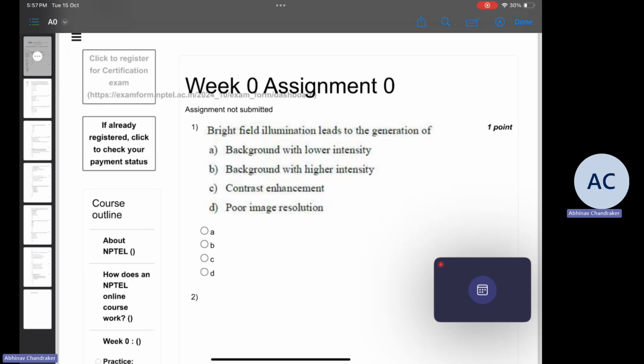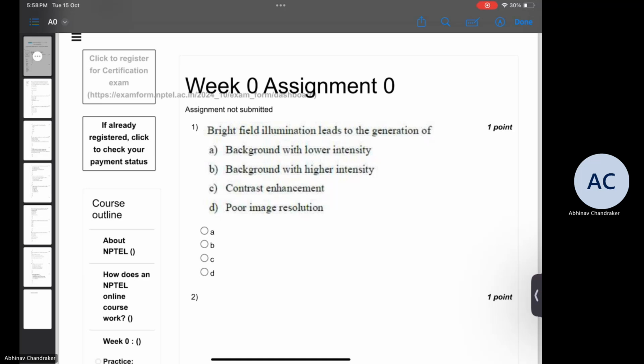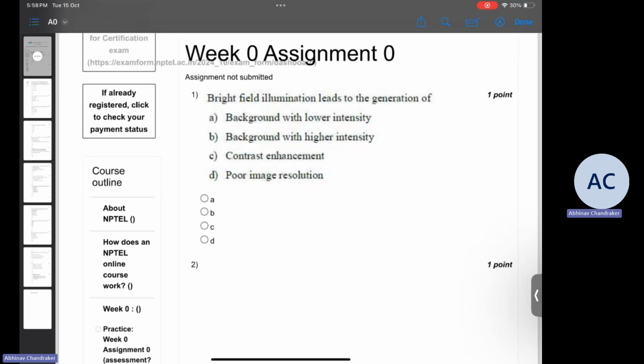And we have seen that in bright field, we have a source of light which is falling on a specimen. In TEM, it gets transmitted, while in optical, it gets reflected in case of a reflection type optical microscope. As a result, all the features present in your specimen will usually appear darker, either because they are not reflecting in case of optical microscopy, or they are diffracting your electron beam in TEM.